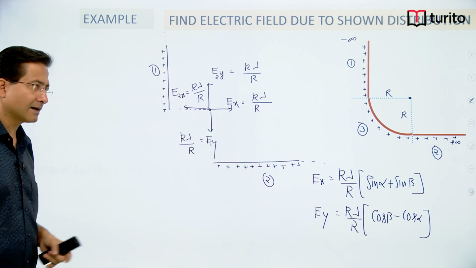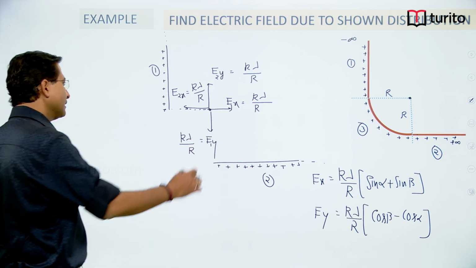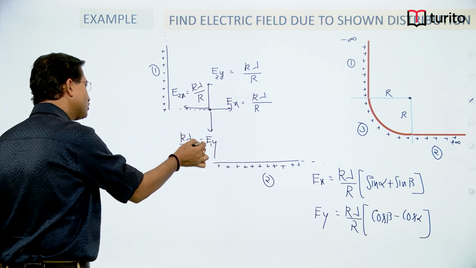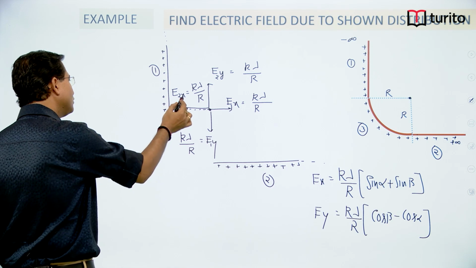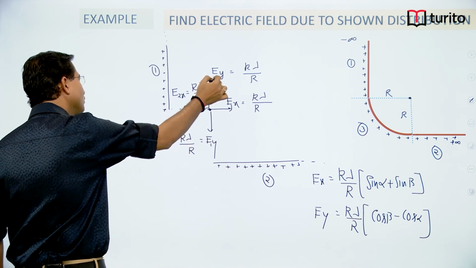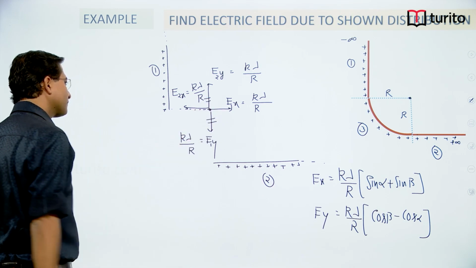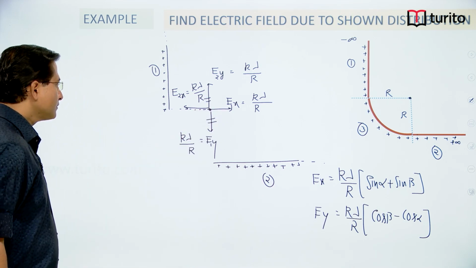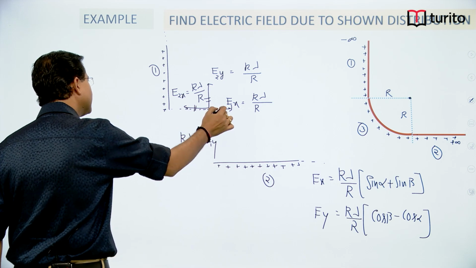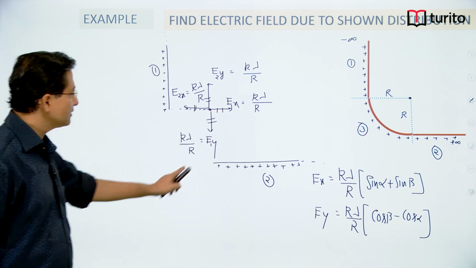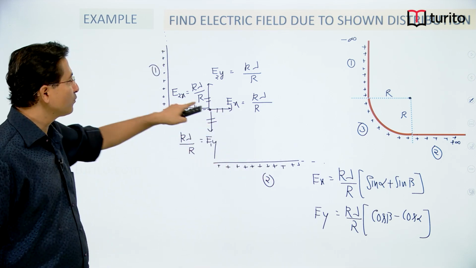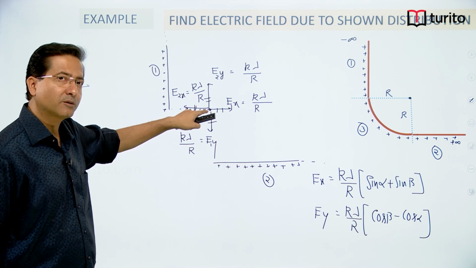Now, this diagram says that these two will cancel each other. Look at E2y and E1y, these two will cancel each other. Similarly, these two will cancel each other. That means these two won't produce any field at this particular point.